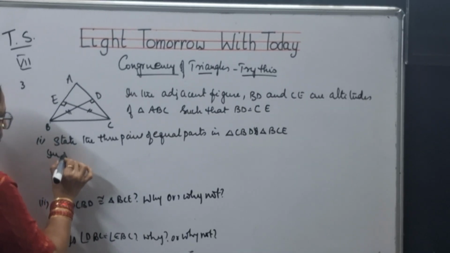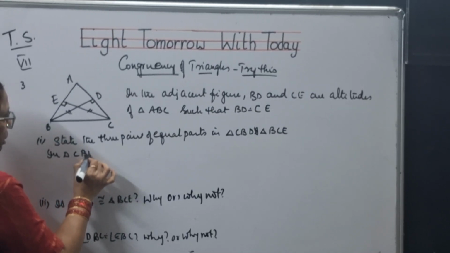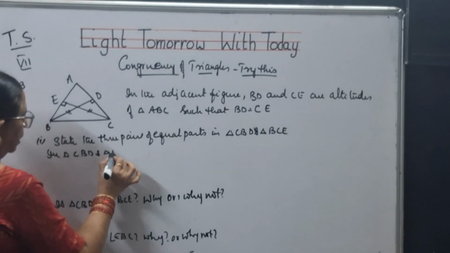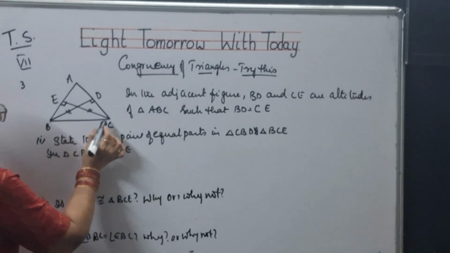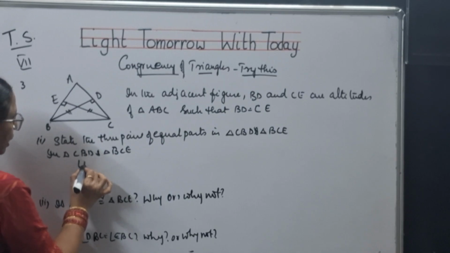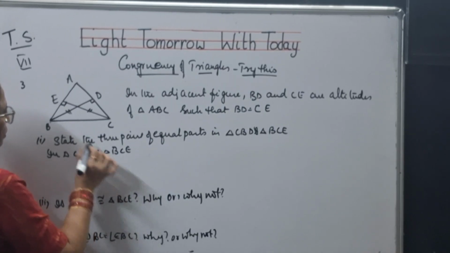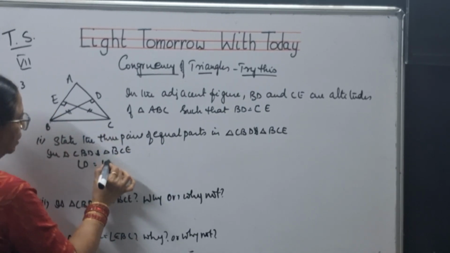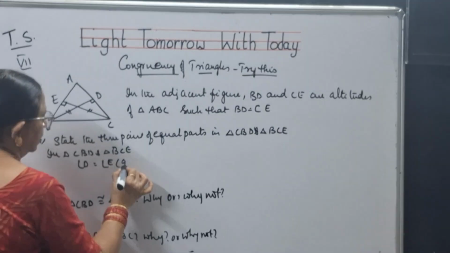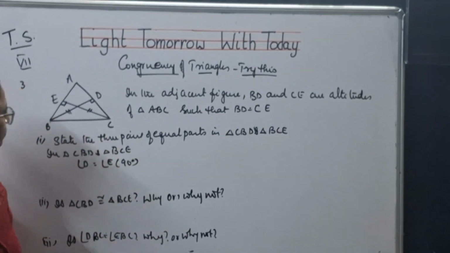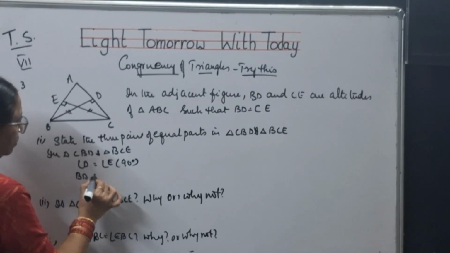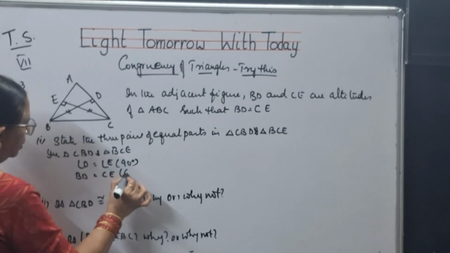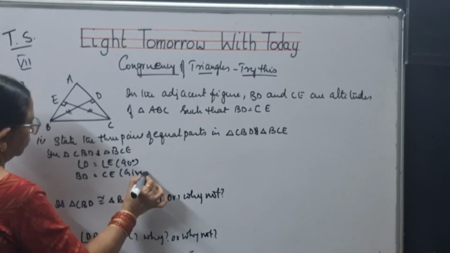So let us see in triangle CBD and triangle BCE. In these two triangles CBD, angle D is equal to BCE, angle E, 90 degrees, and what else they have given? BD is equal to CE. This is given to us.